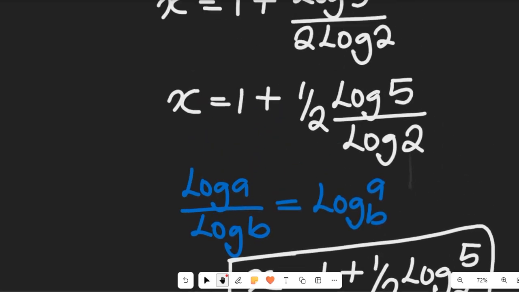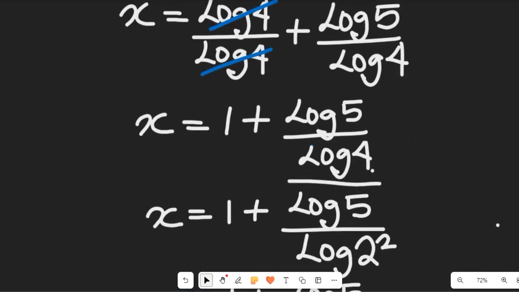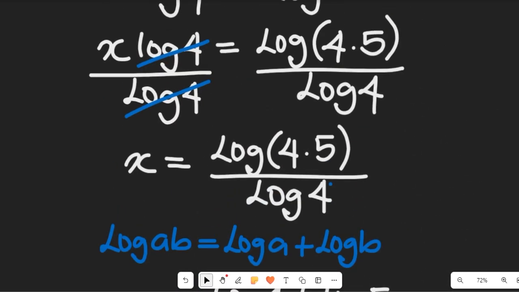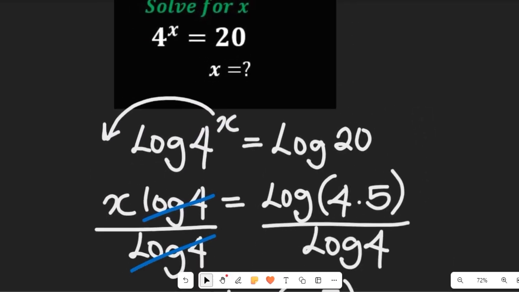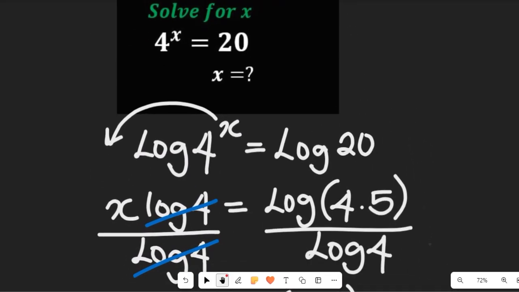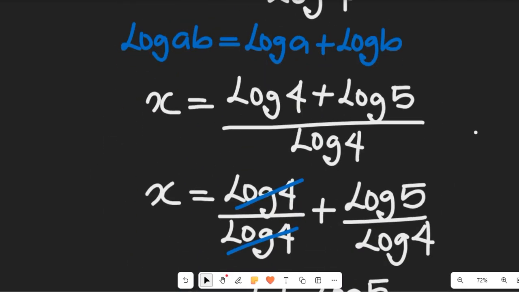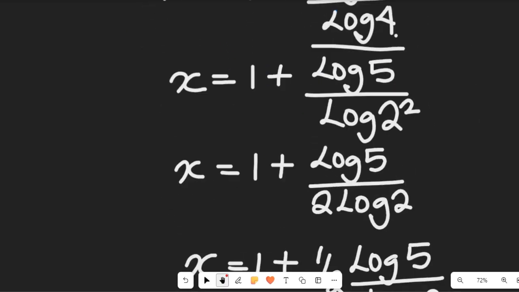So if we compare this to the question given to us, we can verify to find out if our solution is right. We are given 4 to the power of x equal to 20.